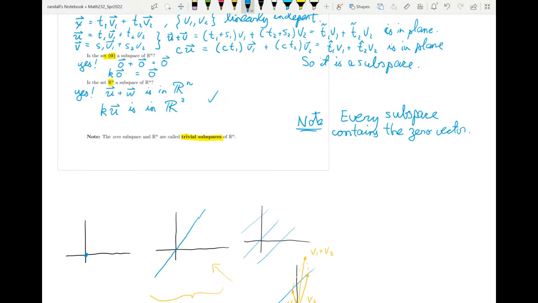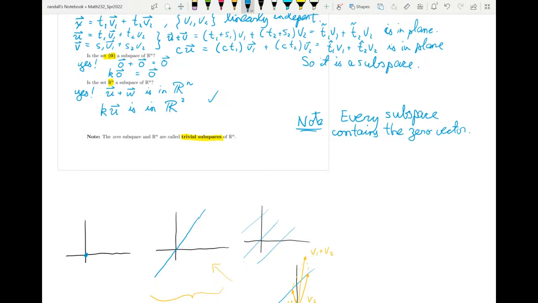So if you can tell that a subset doesn't contain the zero vector, then it's not a subspace. That corroborates what we saw above about lines or planes not through the origin. These are subsets of vectors that do not contain the zero vector. The zero vector is the origin, and therefore they cannot be subspaces.